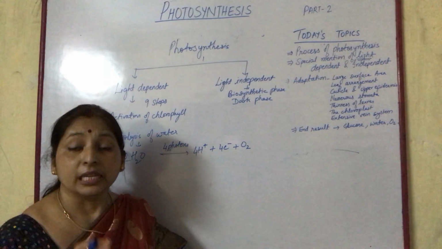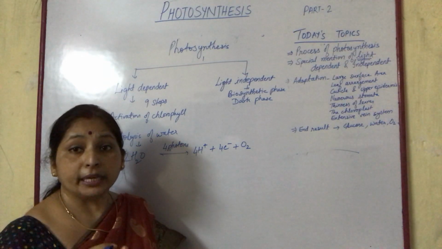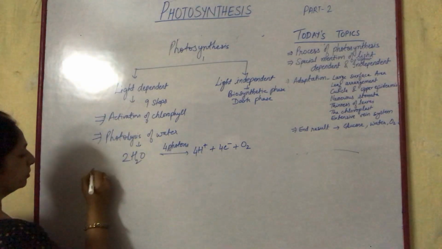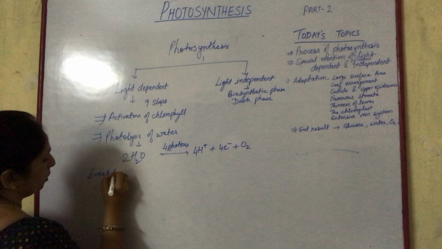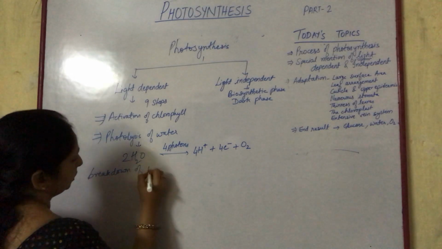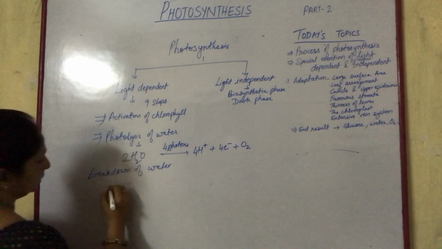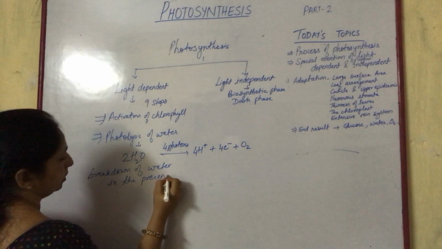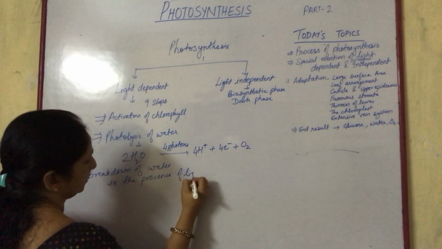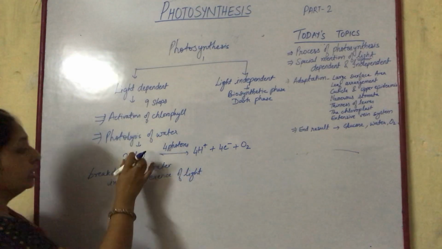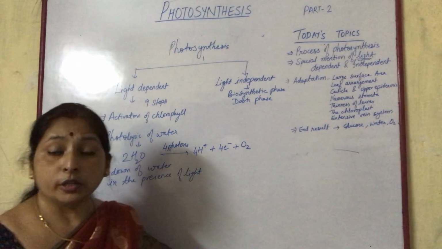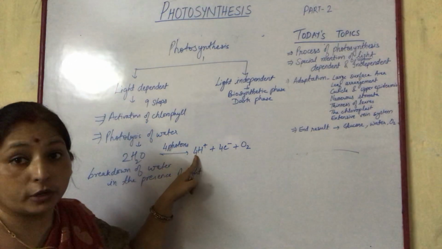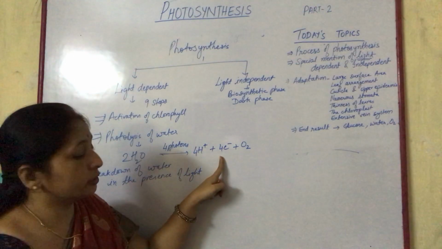Photo means light, lysis means breaking: breakdown of water in the presence of light. Photolysis. Now these two water molecules utilize 4 photons of energy to form 4 hydrogen ions, 4 electrons and oxygen.